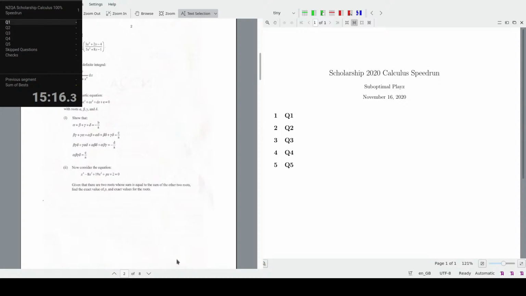Then you get a plus b is equal to 4 and ab is equal to 1. So you get a is equal to 4 minus b, (4 minus b) times b is equal to 1. B squared minus 4b plus 1 equals 0.